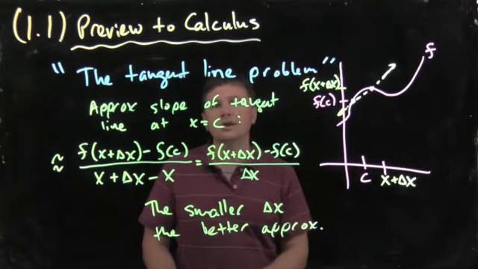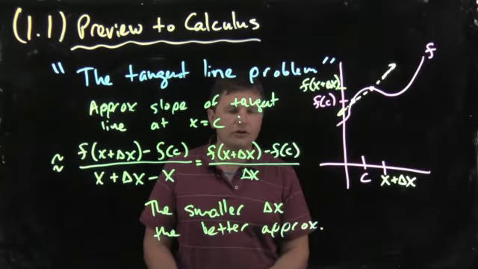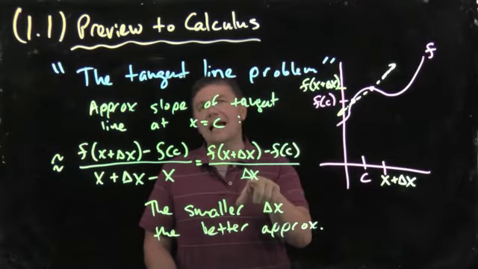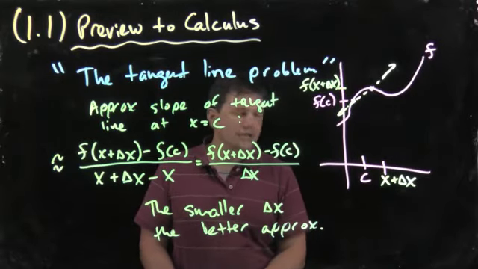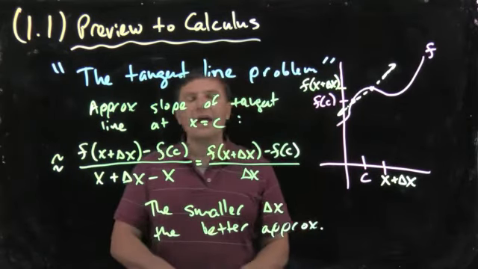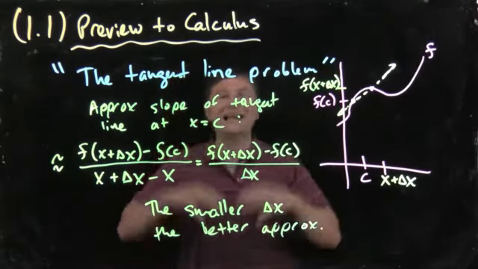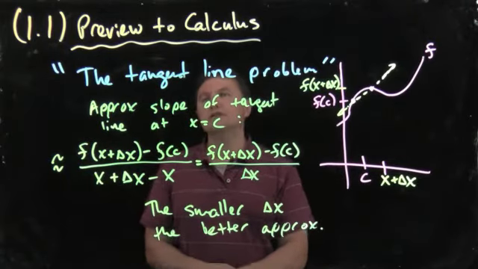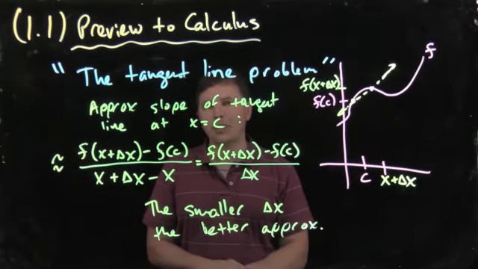Eventually, once we start learning our calculus, we'll be able to find the exact value using a tool called limits, which is what this chapter is all about, okay? So that is the first big concept of calculus, and that all comes from this tangent line problem.